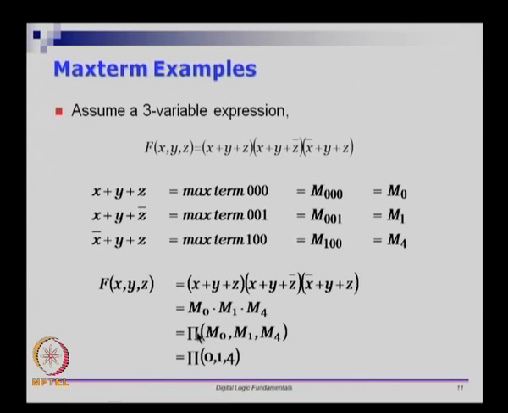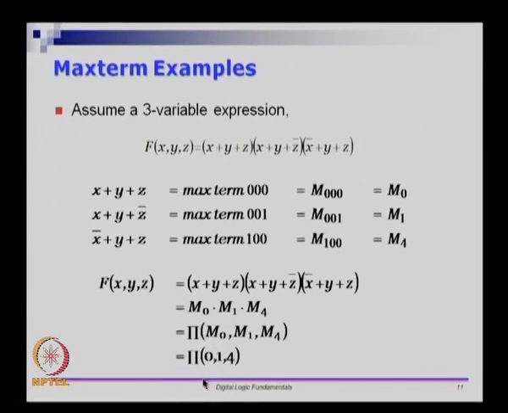Again from algebra we usually use sigma for sum and pi for product. So, we will use pi of M0 comma M1 comma M4. Remember there is no AND anymore because pi already implies that we are ANDing. So, it is a comma separated list. It is the product of max term 0, max term 1 and max term 4, and whenever we have a pi we implicitly assume that the terms inside are already max terms.